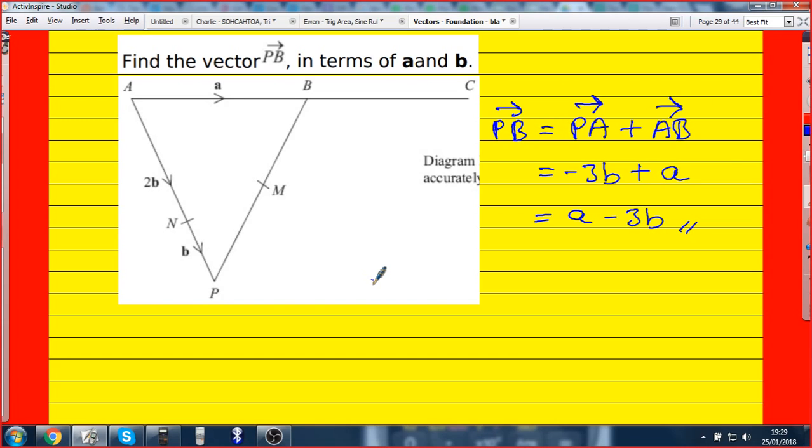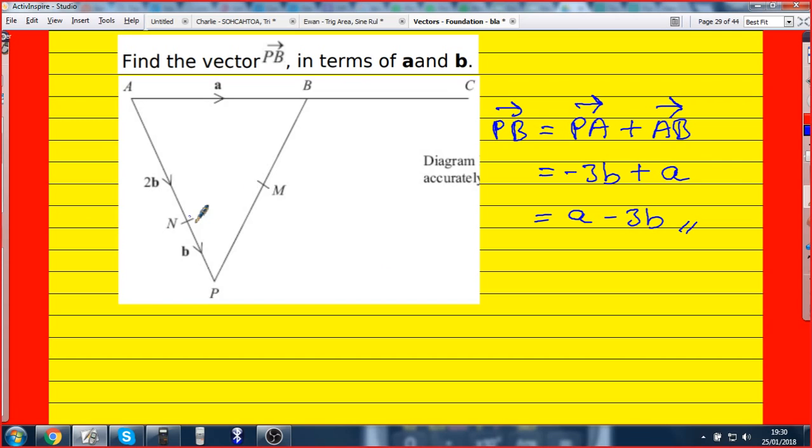Vectors didn't used to be a foundation question, so I took the questions from the book and saw what they're actually going to ask students, and then I looked at the past papers from the higher paper, and I just took out the things that could be asked for the foundation.